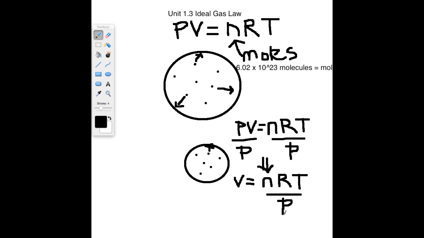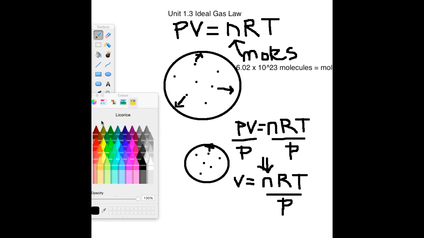Now, you could do the same thing for any of these letters. Let me just separate this out real quick so it's not confusing. It's real pretty, I know, but hey, I don't have a mouse. I have a keypad right now.